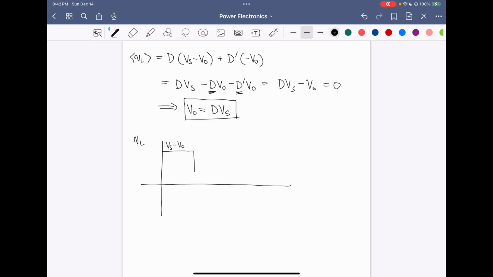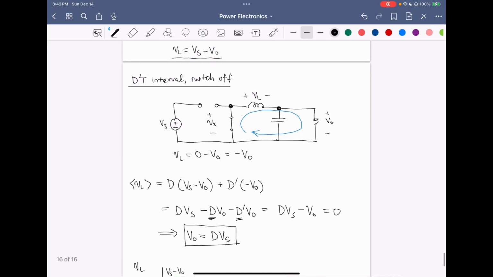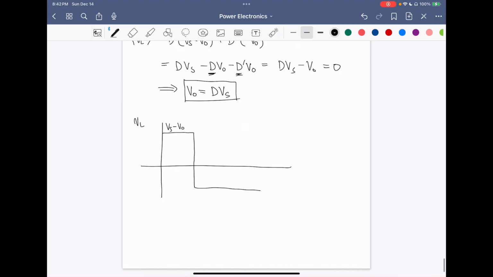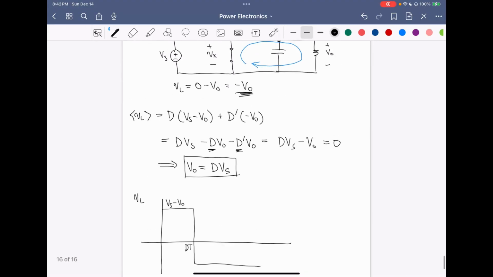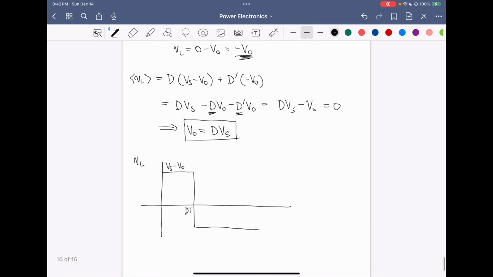And for the d prime t interval, VL equals negative Vo. So in the dt interval, we have a positive voltage across the inductor, and in the d prime t interval, we have a negative voltage across the inductor.